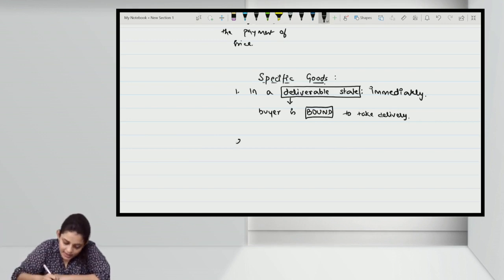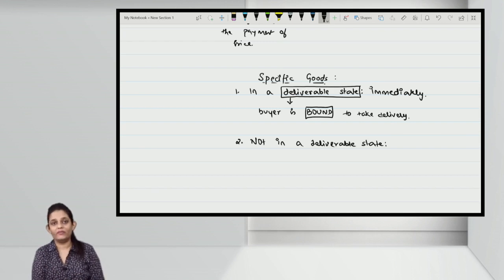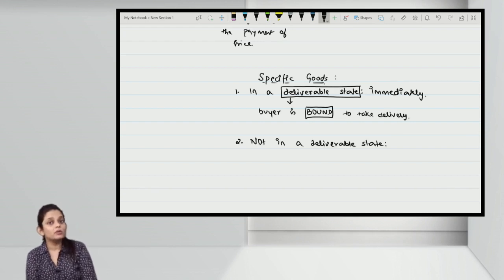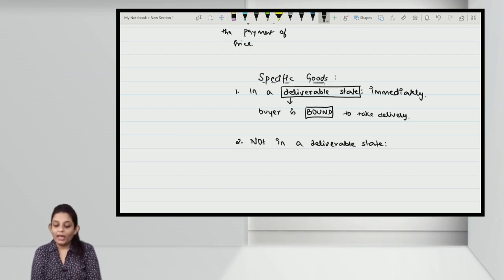Yes. The next case is, in case of specific goods not in a deliverable state. Now they are not in a deliverable state. You select 50 books and you say to the shopkeeper, I want to purchase these 50 books, but I want them bound.